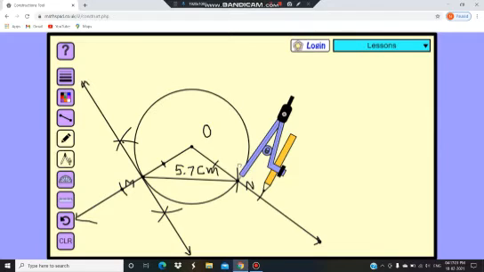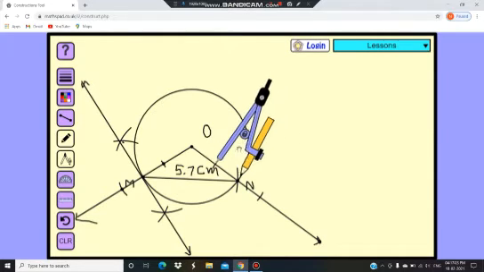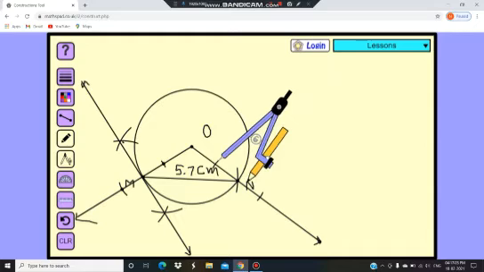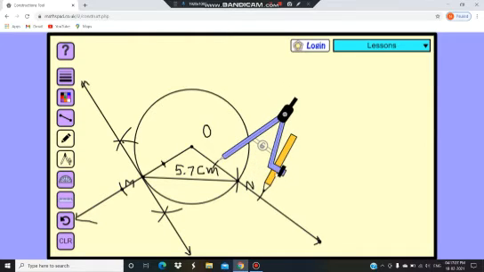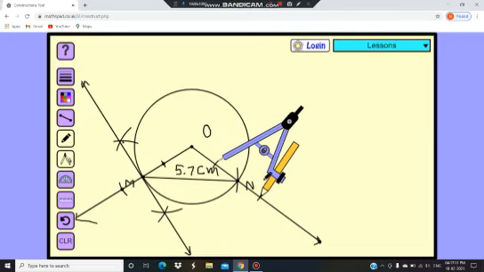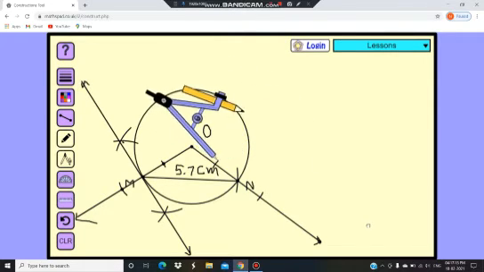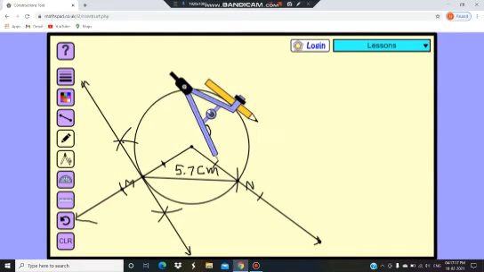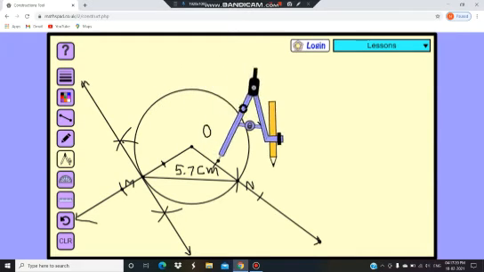Now we will keep the pointer on any one of these arcs, and whatever the distance between these two intersecting arcs, that much distance we will take in the rounder, and on the upside and downside of this line we will draw the arcs. So here one arc.